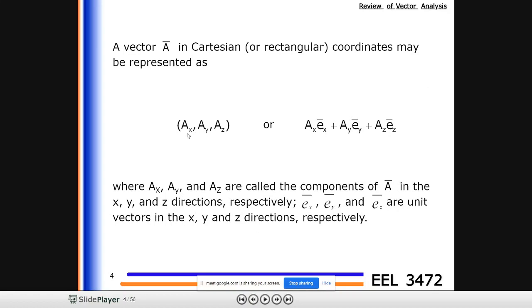And in the coordinate system, ax, ay, az are the components, so it should be written in this form. A vector should be in this form, where ax, ay, az are called components of the vector in the direction of x, y, z, and ex, ey, ez are the unit vectors in the x, y, and z directions.